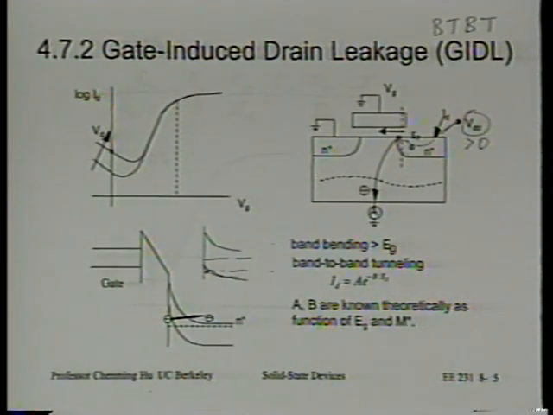Next then becomes, how large is this band-to-band tunneling rate? Because this band-to-band tunneling creates current. Maybe I should explain how that happens.